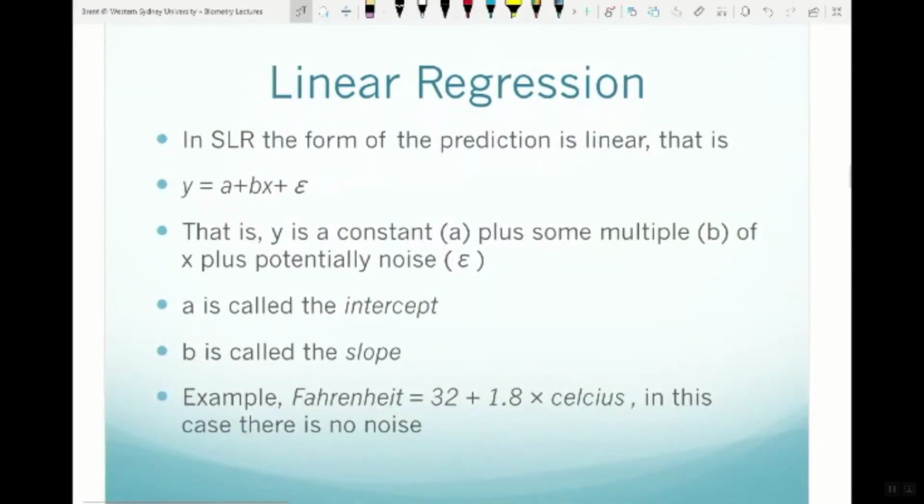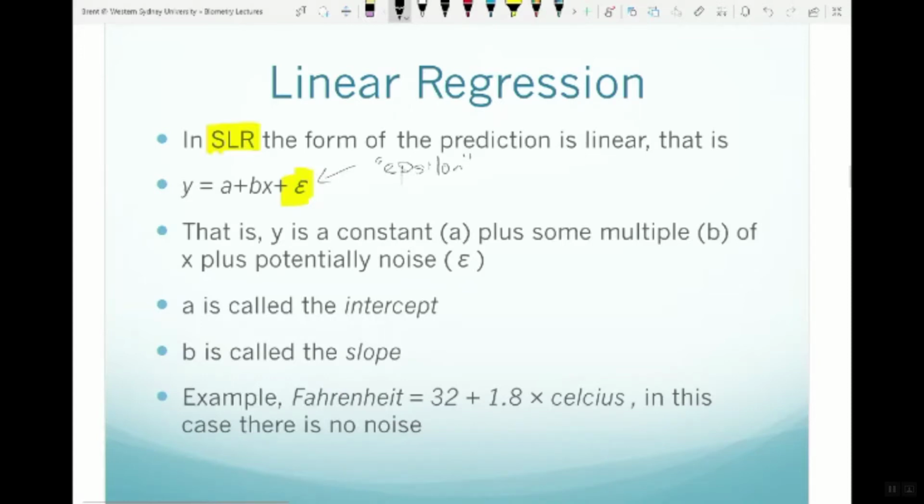So what is linear regression? SLR, which stands for simple linear regression. That's what we had at the first slide. SLR is a common abbreviation. It's the equation of a line. We want to find the equation of a line of the form y equals a plus bx plus, and this guy here is another Greek letter, epsilon. Looks like an E. Epsilon, so you can add that to your list.